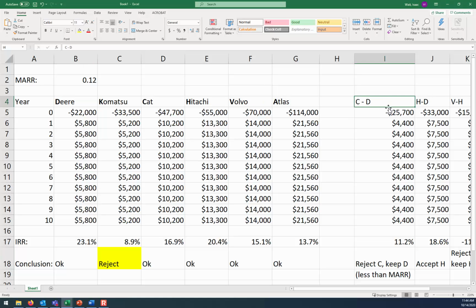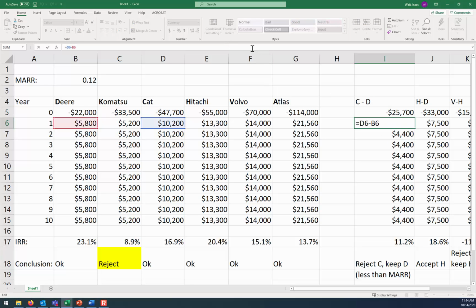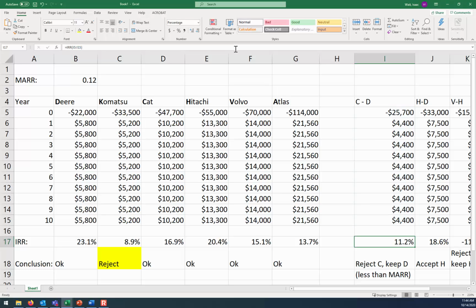So here is the incremental cost and the incremental revenue, and then the incremental internal rate of return. So it's still just the regular IRR formula, but you're applying it to the increment. And since the rate of return of 11.2% is less than the MAR, that means that you should reject the more expensive alternative.